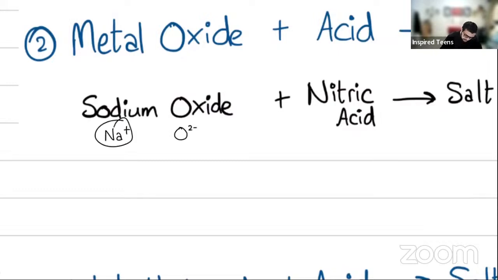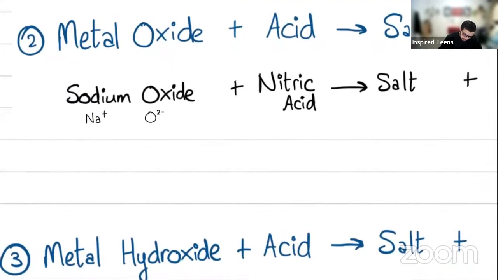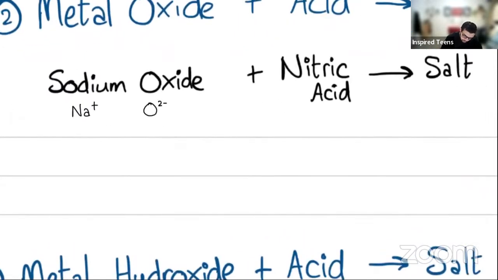How do we know this? Periodic table. To form its compound, you're going to have to mix the two. You cross it, meaning the Na gets a little 2 and the O gets a 1, which we don't have to write, because that's +1, that's -2. We cross it to form Na2O.